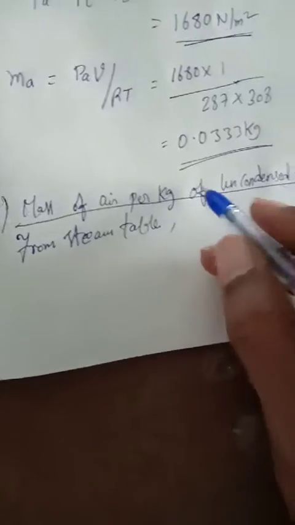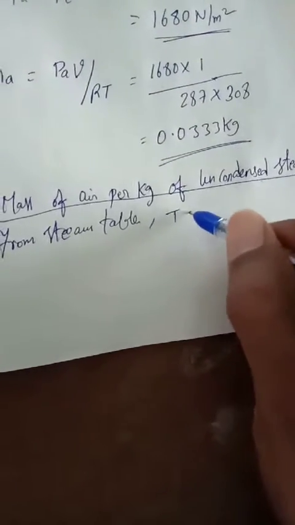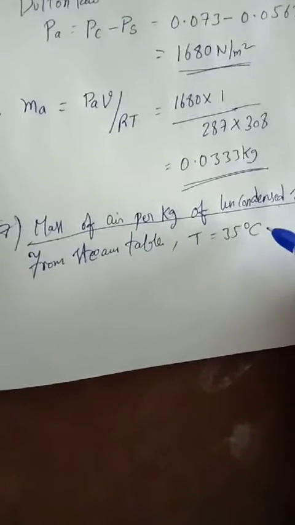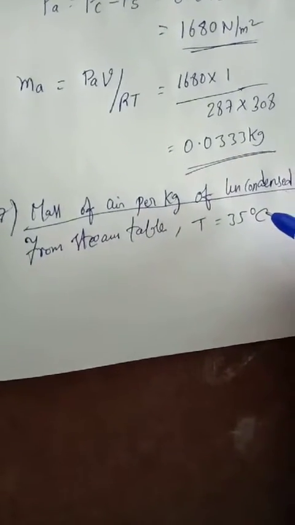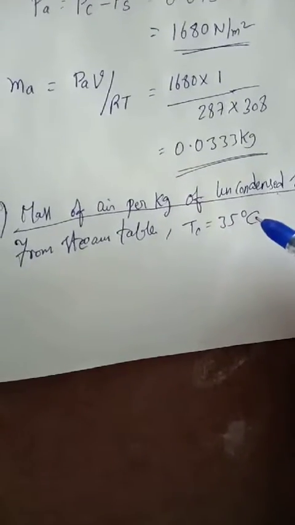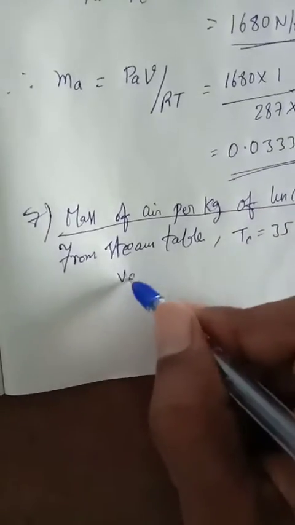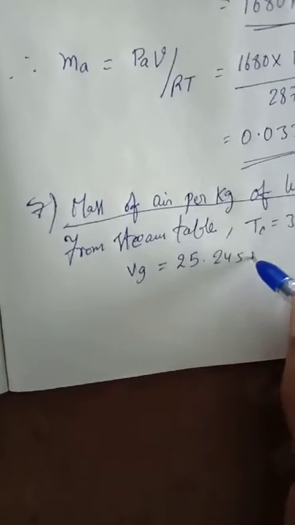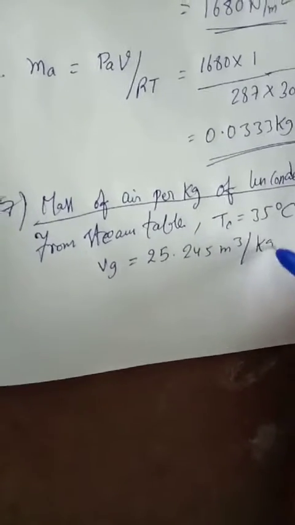From steam tables, corresponding temperature T is equal to 35 degrees Celsius, that is the mean condensing temperature TC, and the specific volume Vg is equal to 25.245 meter cube per kg.